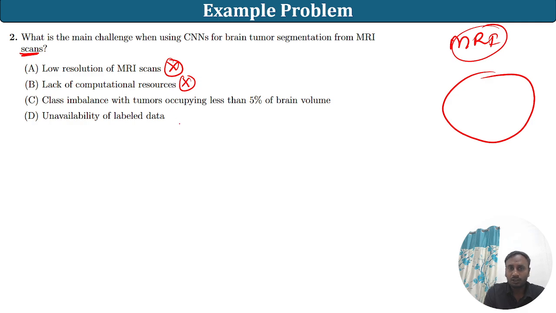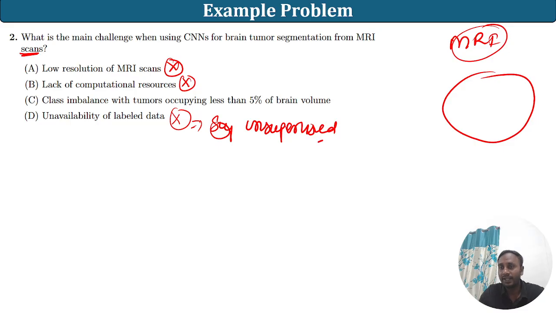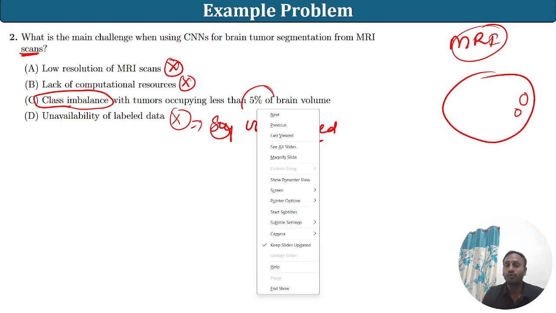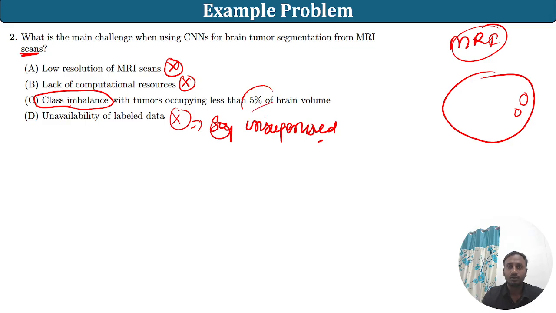Availability of labeled data is also not a concern, because people can work with unsupervised learning too. If I take a brain this much, the tumor will be this much, so the chances of class imbalance will be higher. Class imbalance, with the tumor occupying less than 5% of the brain volume. Is it correct?